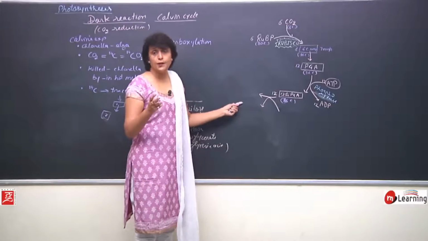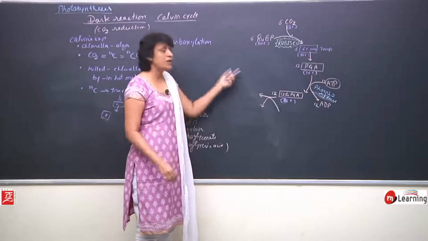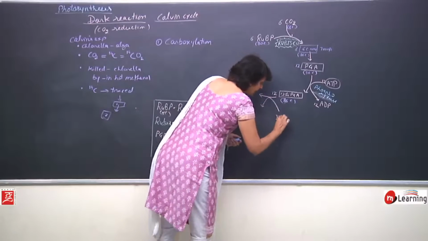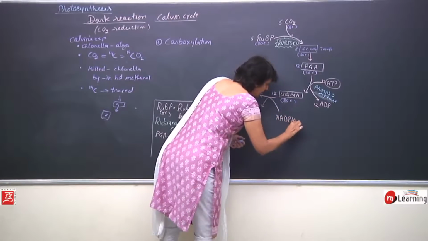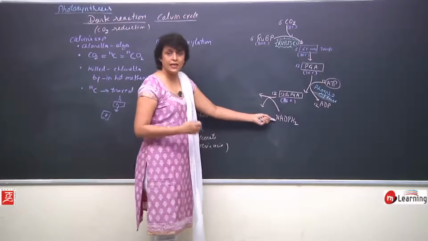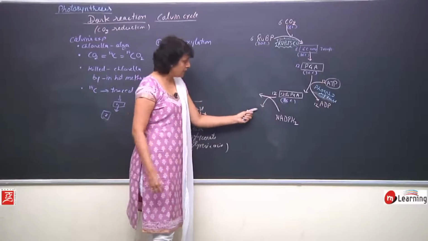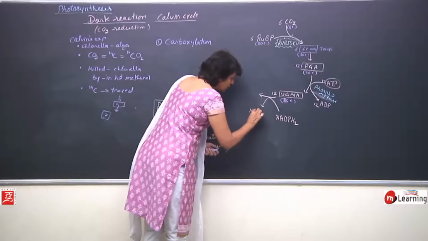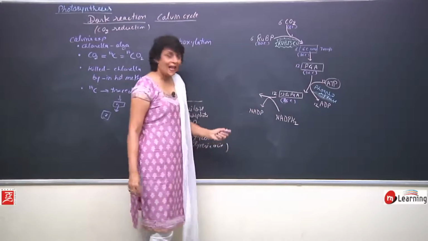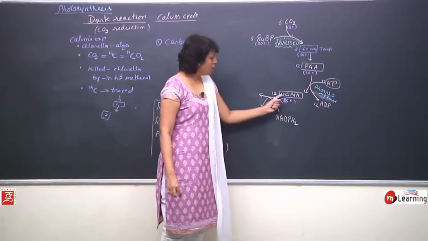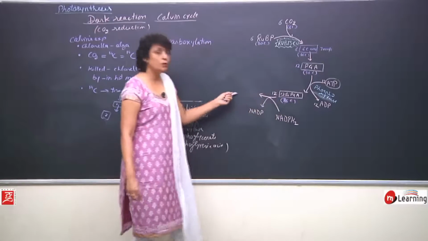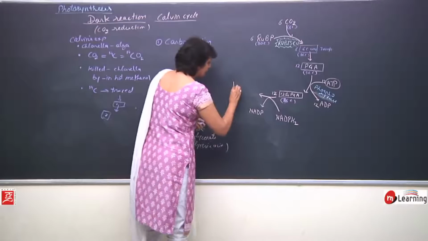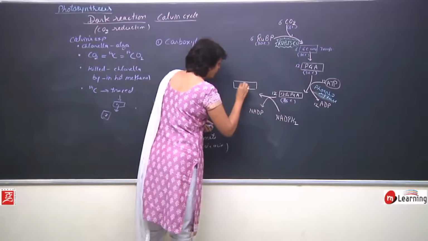We said both the things which are synthesized in light reaction will be utilized in dark reaction. So here NADPH2, again we can write it as NADPH plus H plus, would get oxidized into NADP and it will reduce the phosphoglyceric acid to phosphoglyceraldehyde.